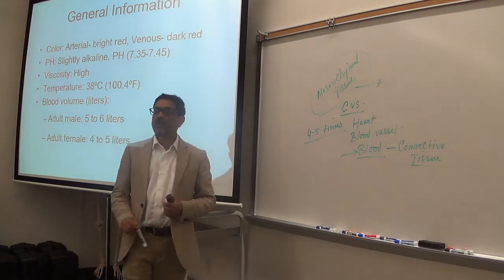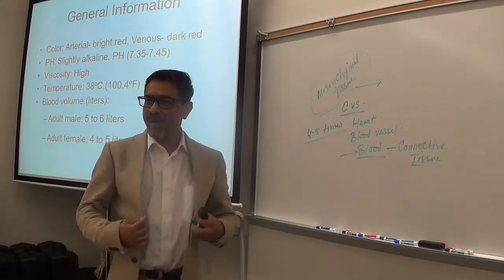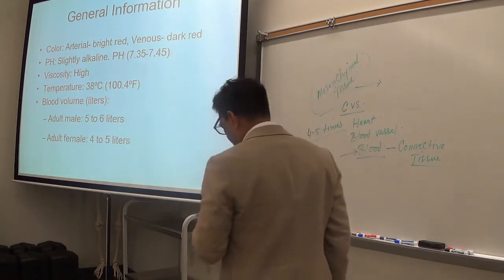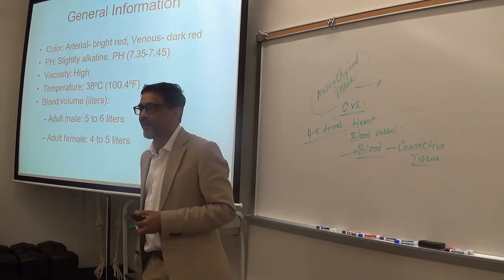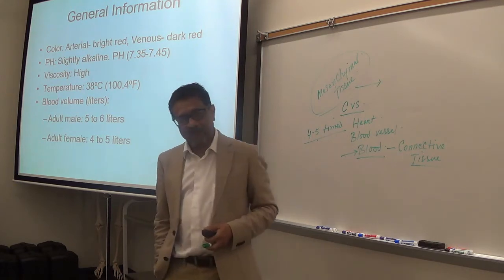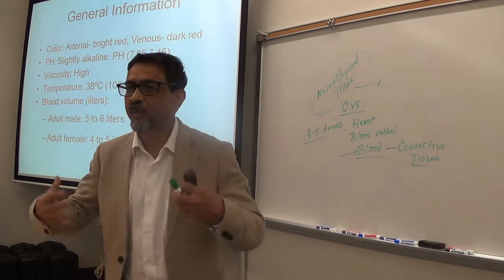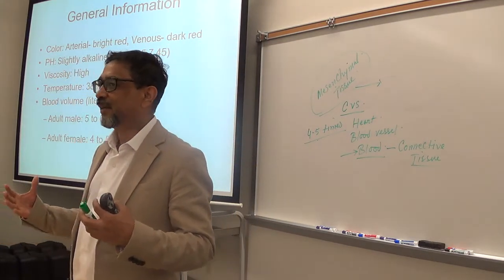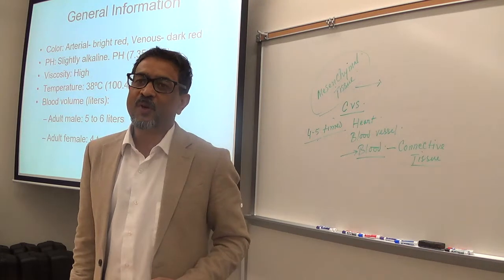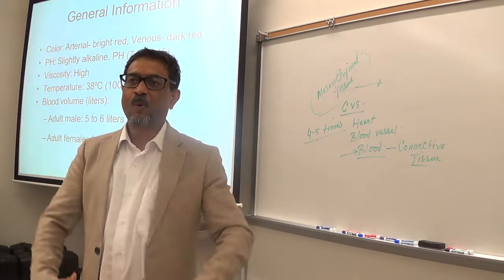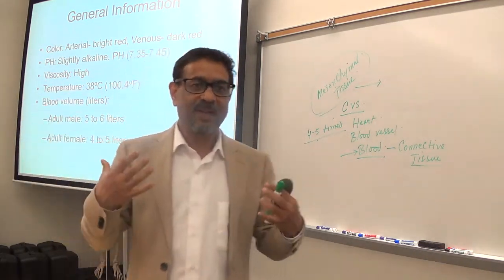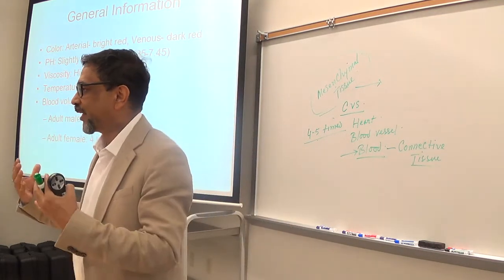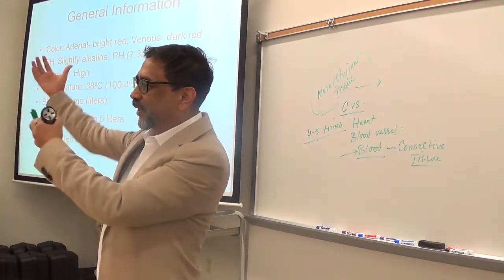Volume. The total volume of blood in adult male is 5 to 6 liters and adult female 4 to 5 liters. That means in female body the total volume of blood is what? More or less than male? Less, right? Why? Because the total surface area of male body is more than female, right?